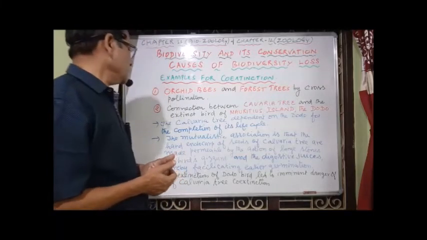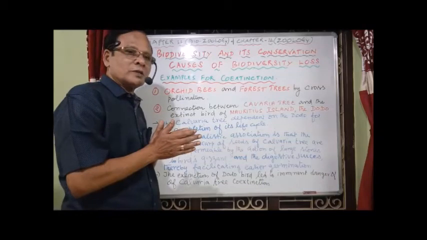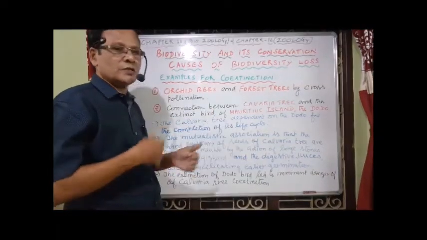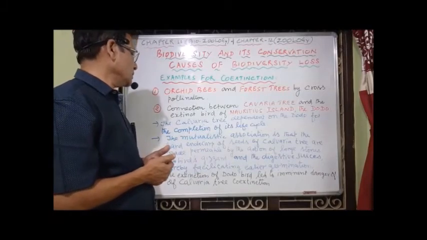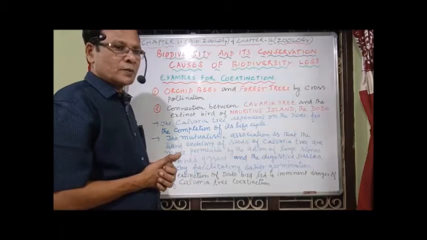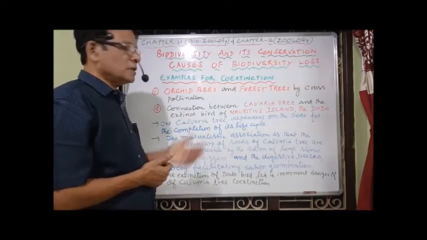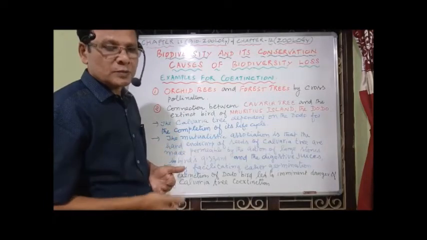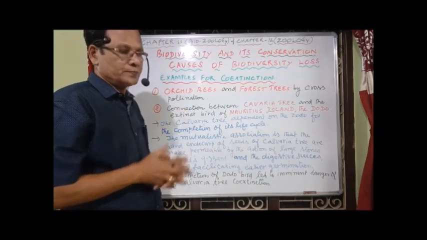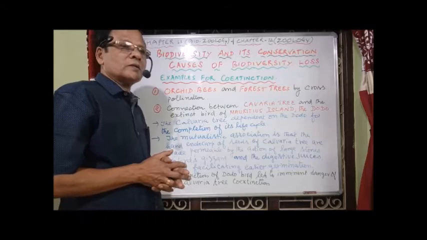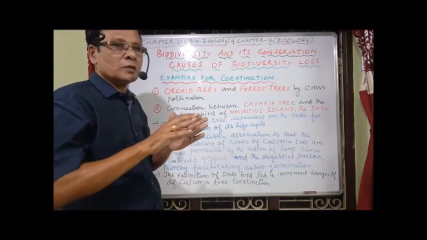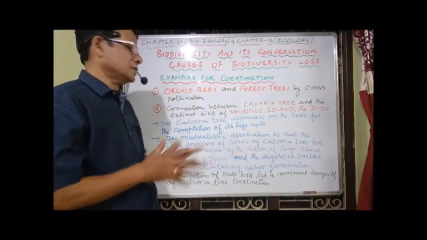How? There is a mutual relationship between these two, so it is called a mutualistic association, a give and take policy. This plant provides the fruits, and the bird takes the seeds of the fruits. The seeds have a hard endocarp. They cannot undergo germination unless the endocarp has been removed or digested.